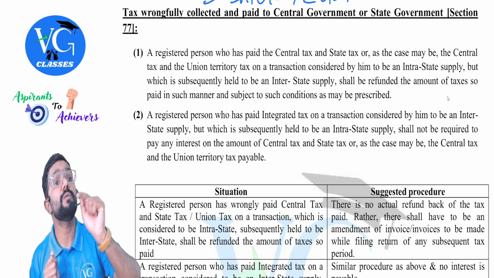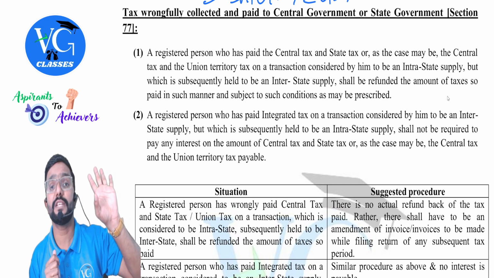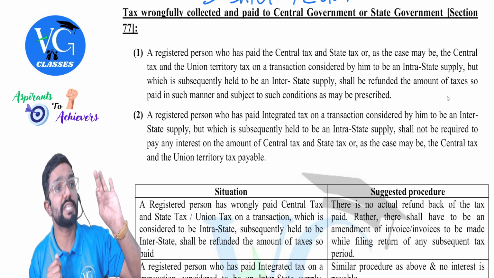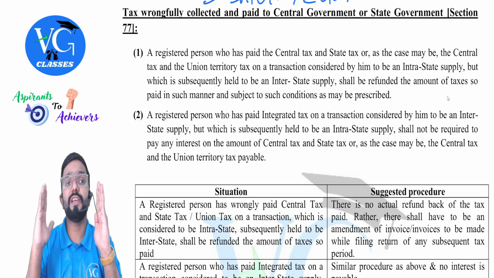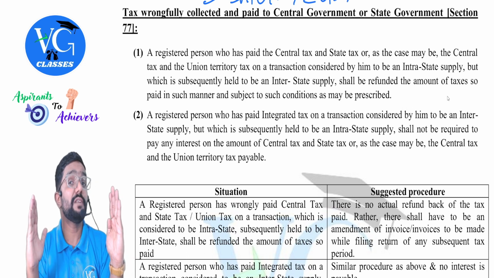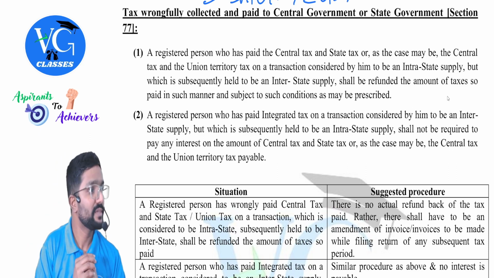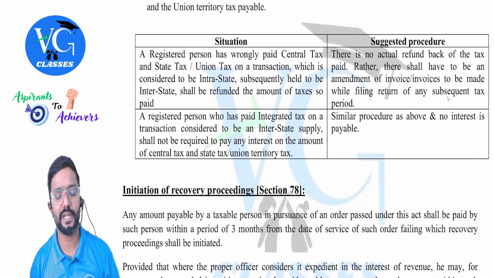A mistake made in GSTR 1 will be corrected through GSTR 1. A mistake made in GSTR 3B will be corrected through GSTR 1. But one opportunity is given. Sir, after filing GSTR 1 but before filing 3B, if I want to correct anything, which form will I use? GSTR 1A. GSTR 1A, guys. Chalo. I have given you the suggested procedure.